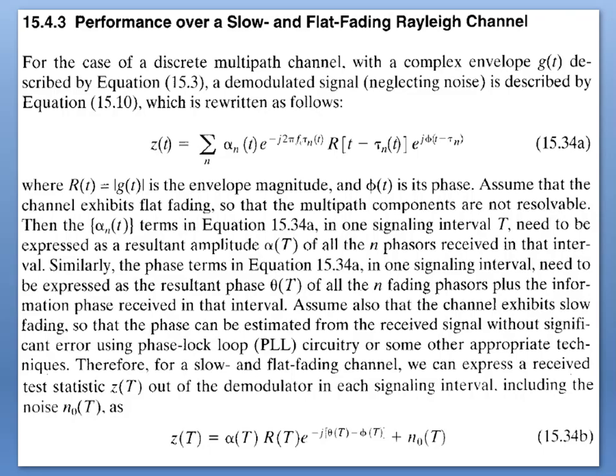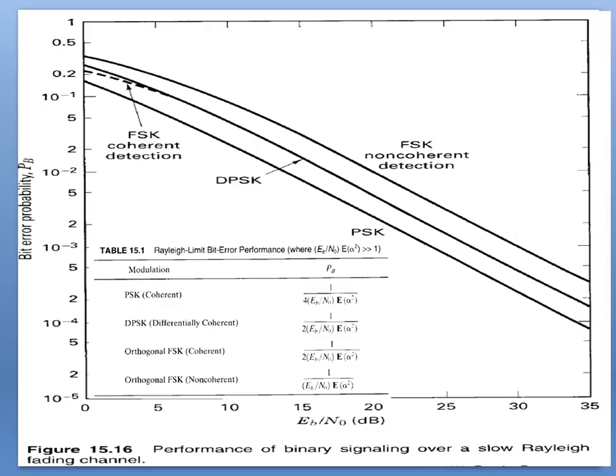For simplicity, we replace alpha of t with alpha. For binary signaling over an AWGN channel with a fixed attenuation of alpha equal to 1, the bit error probabilities of basic coherent and noncoherent PSK and orthogonal FSK are given.